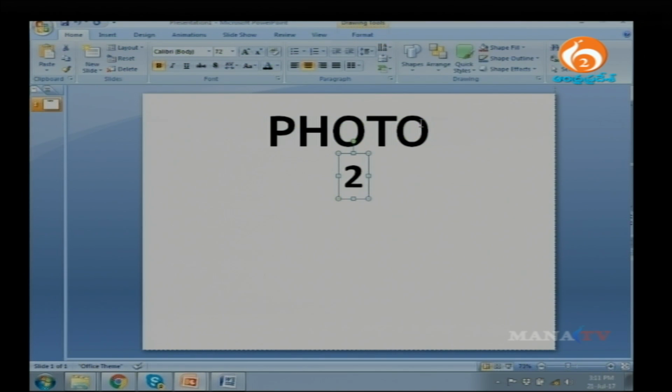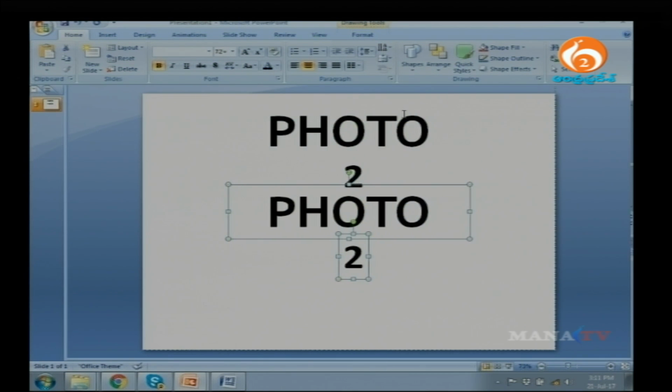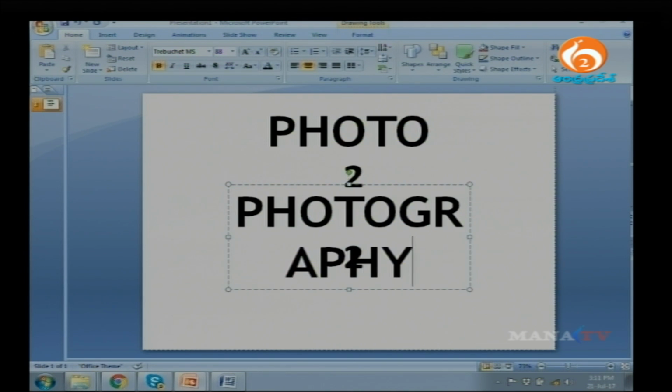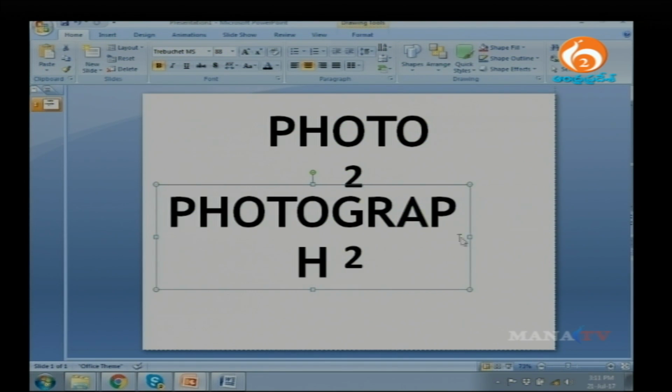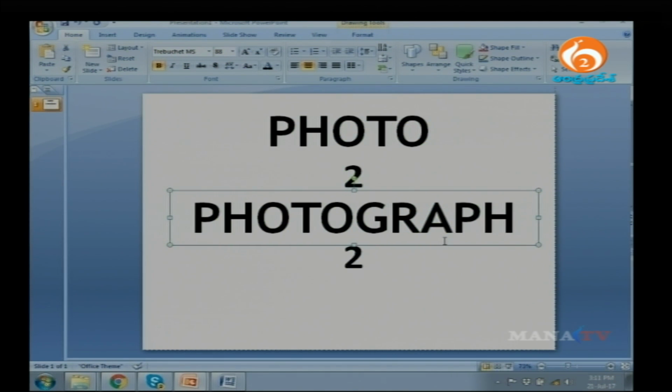I am talking about vowels, not vowel sounds. Okay? If I have to give you another example, photograph, O, 2 and 3.